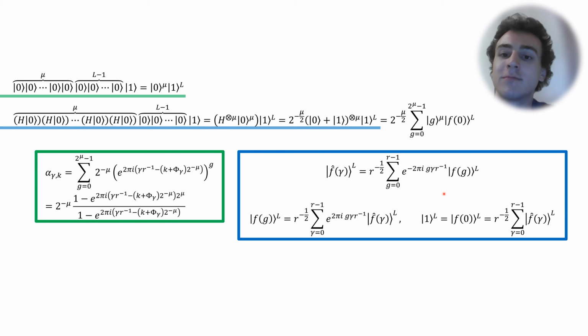What is r? Earlier, we defined r to be the order of A mod n. r is also the period of this periodic function f. So r is both the period and the order in different definitions. So if we take those inputs, A and n, those are the inputs to the order finding algorithm, we can define r as the minimum positive integer such that A to the r is equal to 1 mod n.